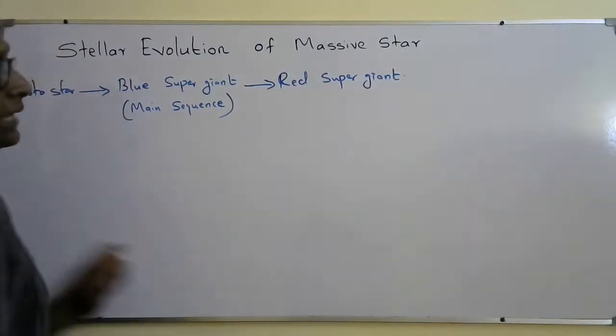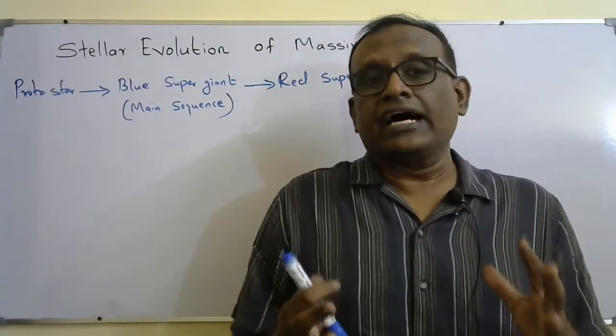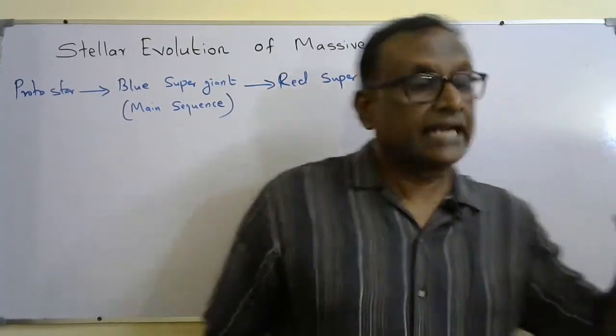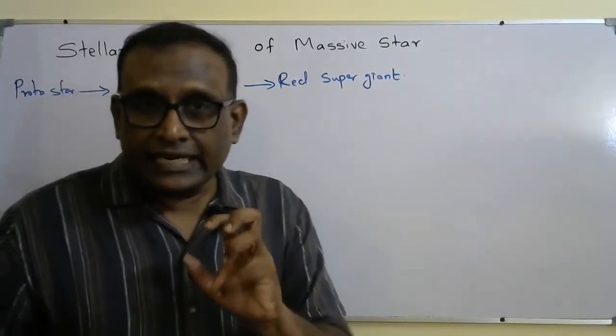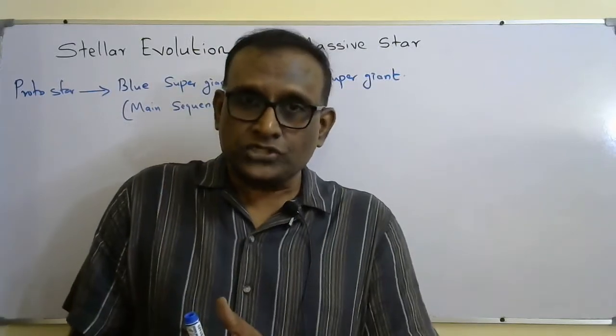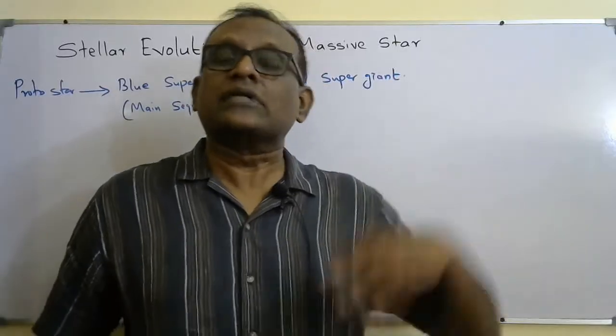But here the difference is the star has very high mass. So it could stay in the red supergiant state, with fusion inside the core, until iron is formed. When hydrogen is fused, it will become helium. When helium is fused, it will become carbon.